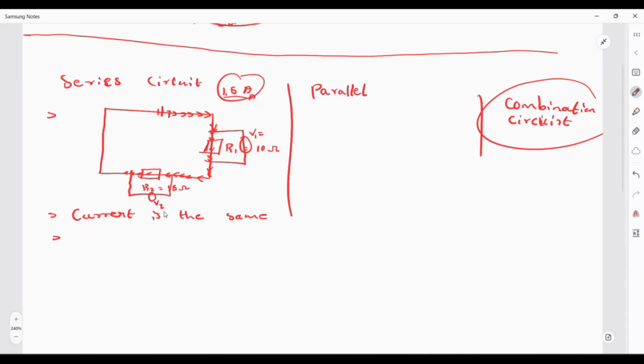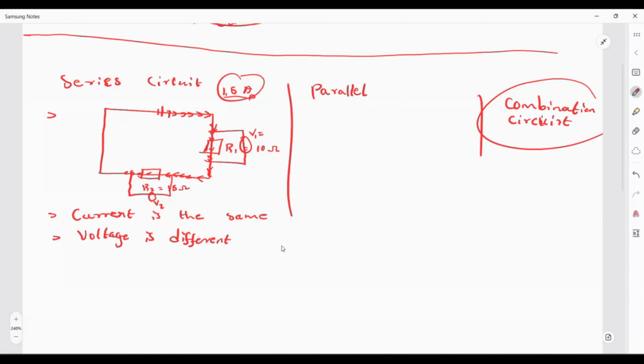So what is going to happen is that your voltages are going to be different due to the fact that the resistance are also different. Okay, what I'm saying is, for as long as you have different resistance, you will also have different voltage in a series circuit. Okay, so in series circuit, voltage is different.